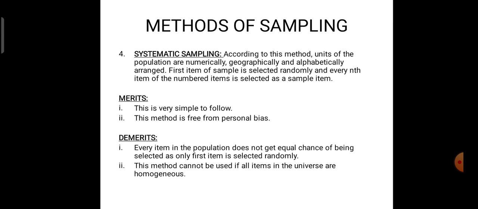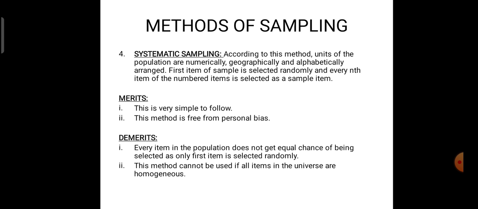Okay, after arranging the entire universe in a certain manner, we will first select the first sample randomly. For example, if we have 100 items in our universe, we will select one item randomly from the first 10 items. We can select the first item, or the second, third, fourth, any of the items.